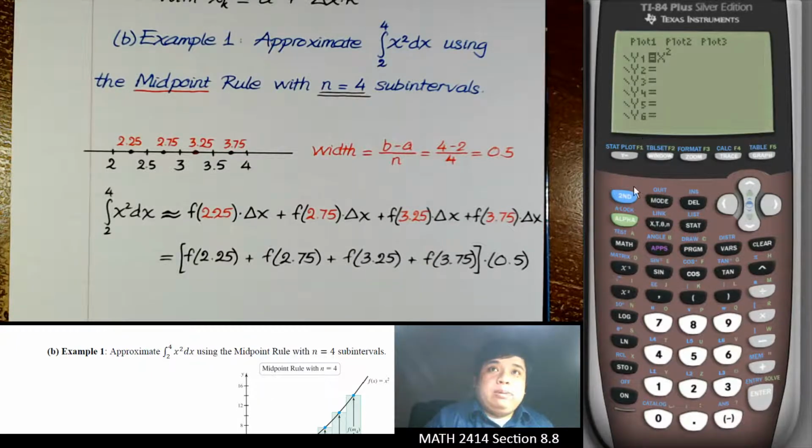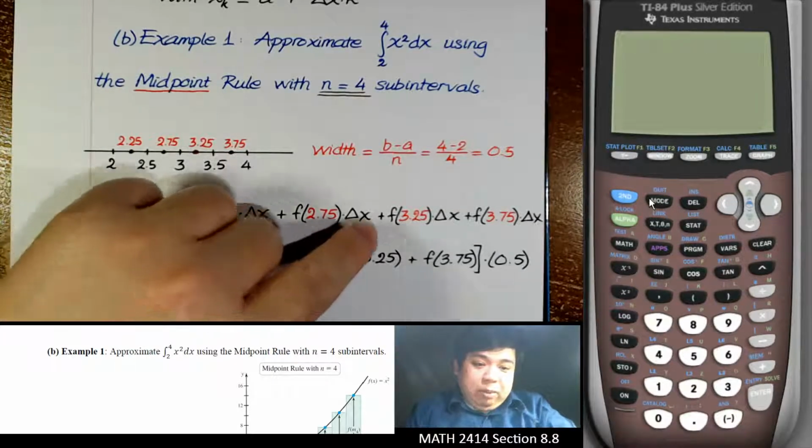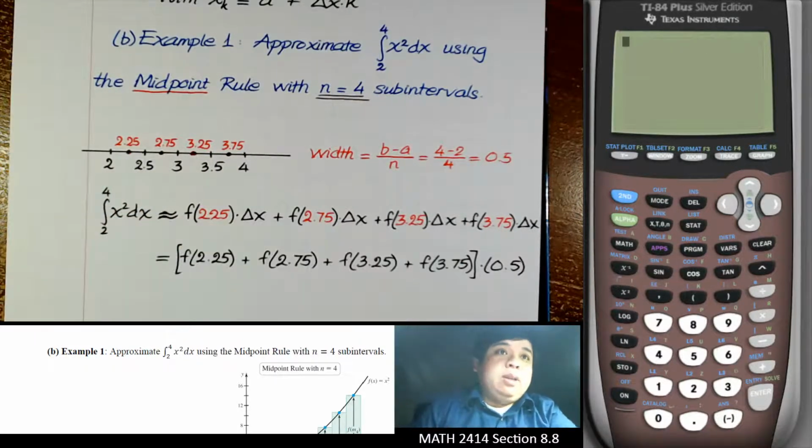Enter that into y1, and then we're going to enter the midpoints in the bracket: second bracket, 2.25, comma 2.75, comma 3.25, comma 3.75.